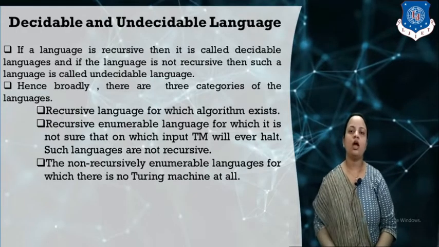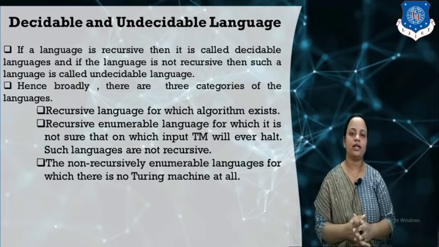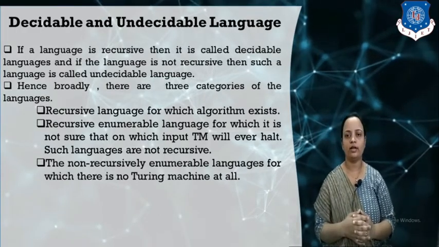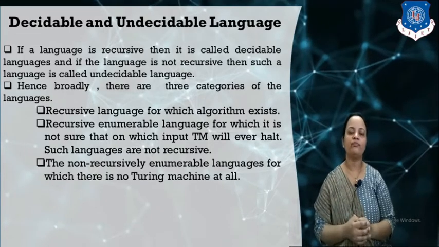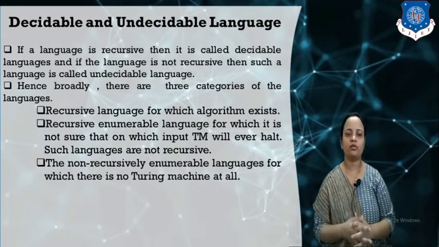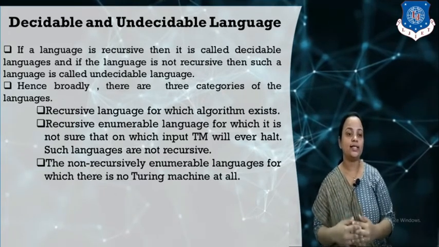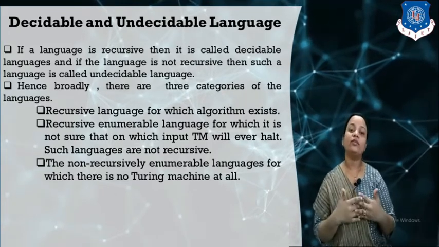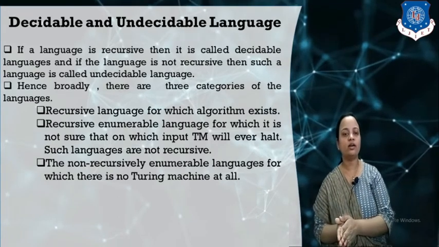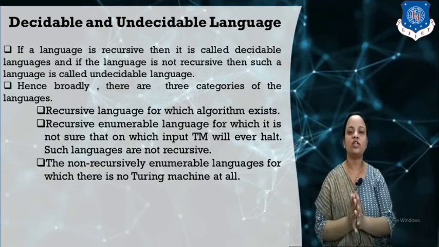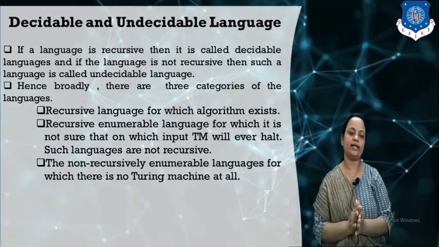Now, what are decidable and undecidable languages that we have already studied? Here we take a summary. If a language is recursive, then it is called a decidable language, and if the language is not recursive, we can say that it is an undecidable language.